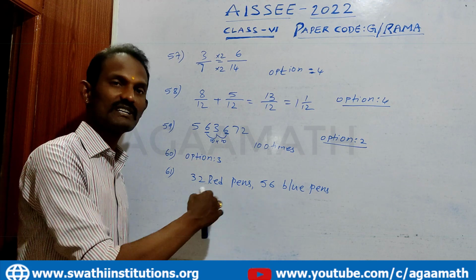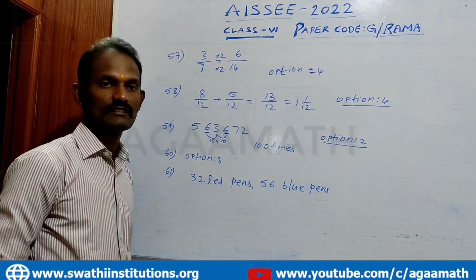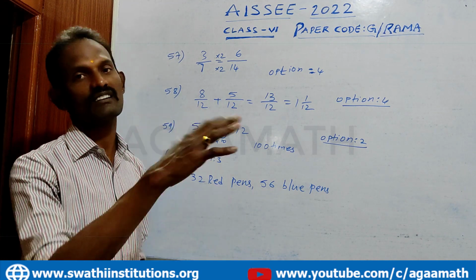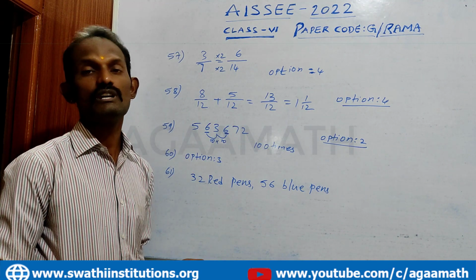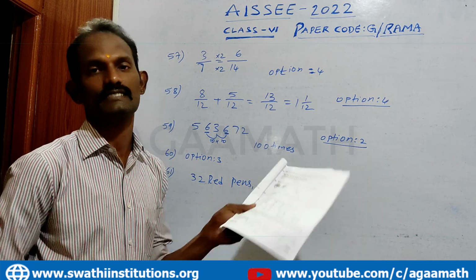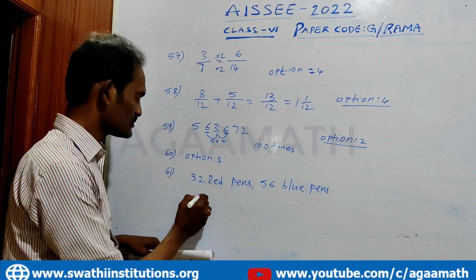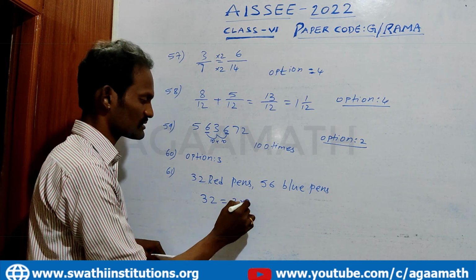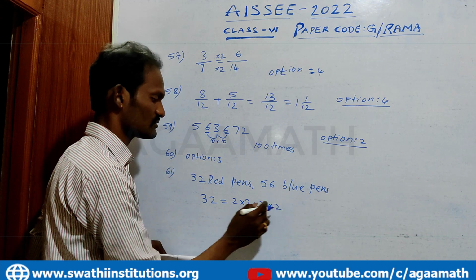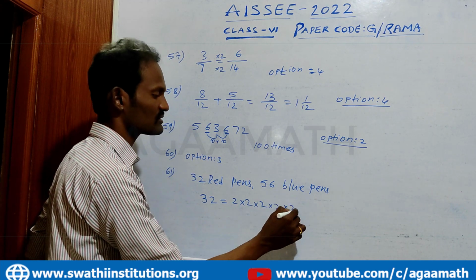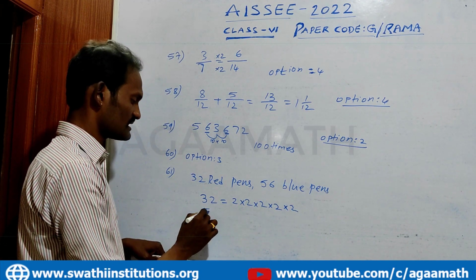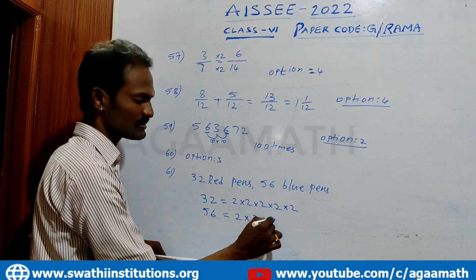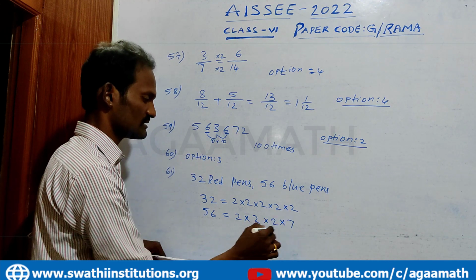Means what operation to be done? Like dividing for both, and we want the greatest one. It means when dividing to have the greatest possible value, we have to find the highest common factor, HCF. For that I do prime factorization of 32. That is 2 times 2 times 2 times 2 times 2, which is 32. And 56 is 2 times 28, 2 times 14, 2 times 7.